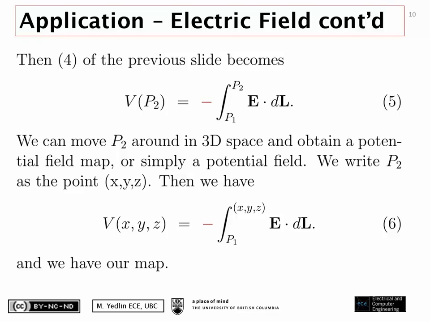Now, if we move it around in 3D space, we can collect the potential field map, or the values for each value of P2. And then we can write symbolically that P2 is a generic point x, y, z. And we have then equation 6, which really says we have a potential field map depending on how we do that integral.